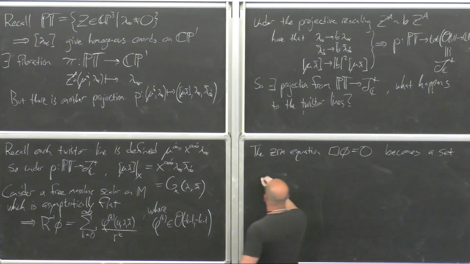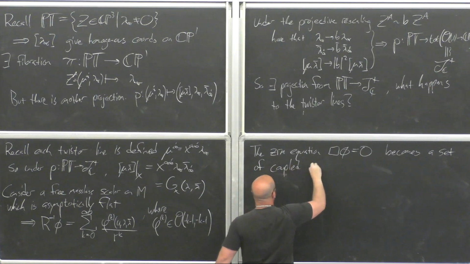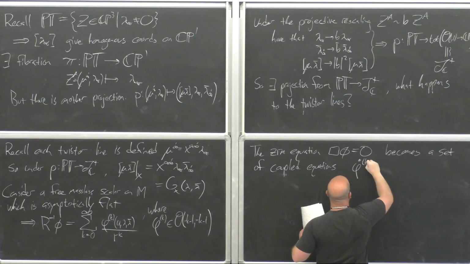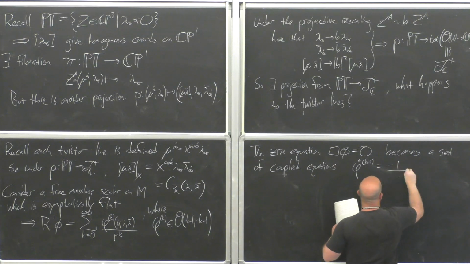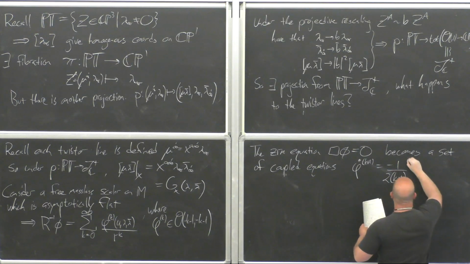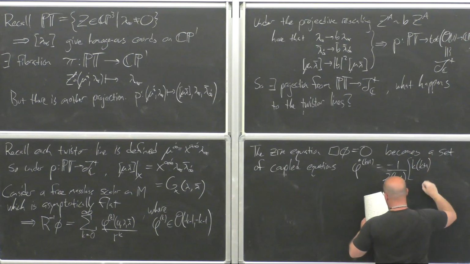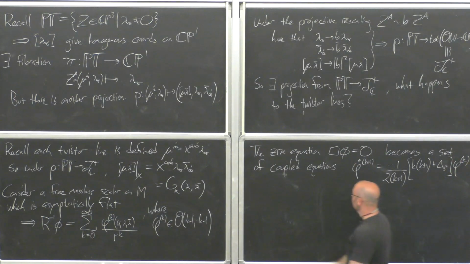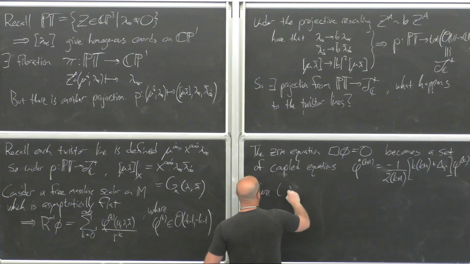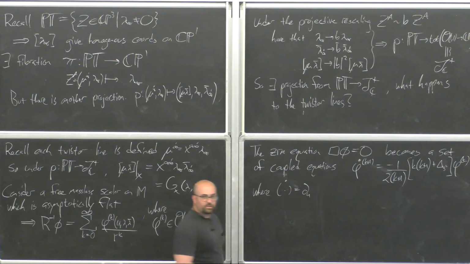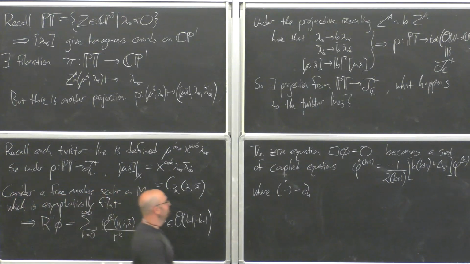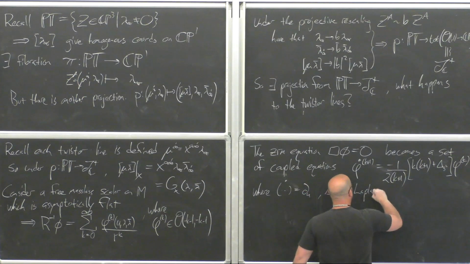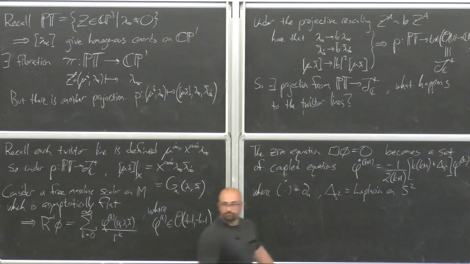This becomes a set of coupled equations of the form phi dot of k plus 1 is equal to minus 1 over 2 (k plus 1), k to k plus 1 plus, where dot is just the u derivative, and this is the scalar Laplacian on the 2 sphere.